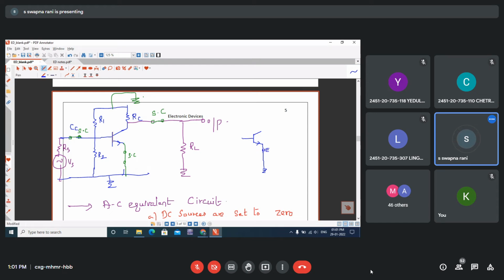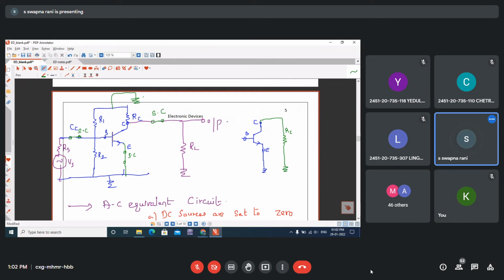This is the emitter, base, collector. We will see the collector terminal first. The resistor RC is connected to the collector terminal and the other end of RC is connected to ground. So I will draw it like this: one end of RC is connected to ground and the other end is connected to the collector.